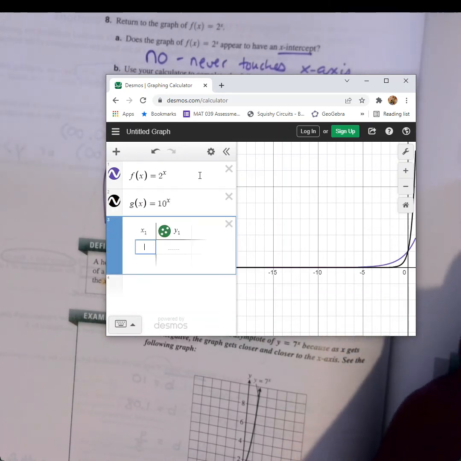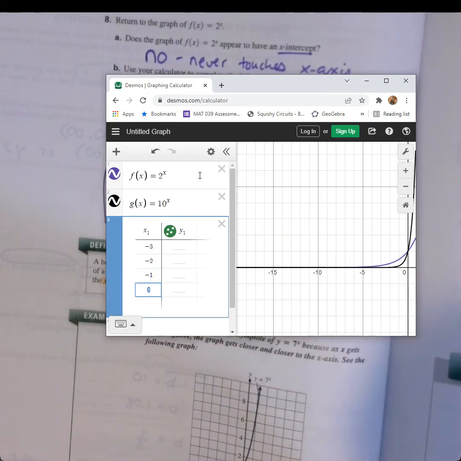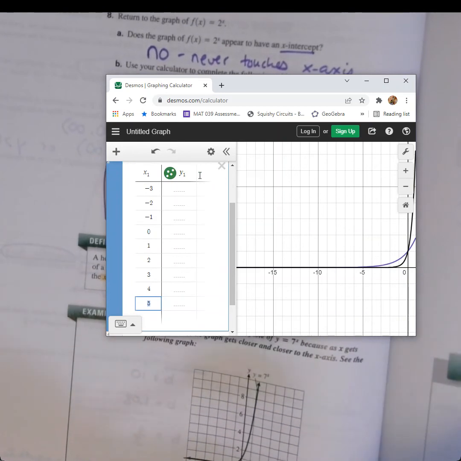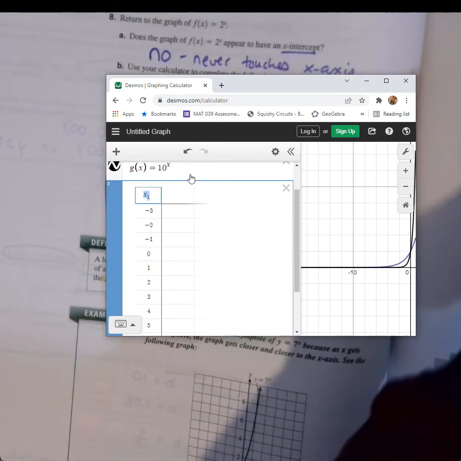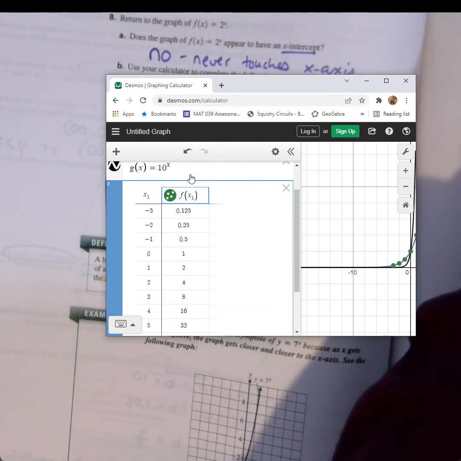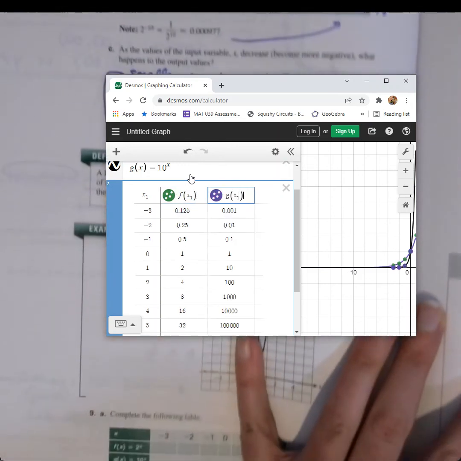And we're going to make a table with -3, -2, up through 5. And we're going to want to input for both of our functions.